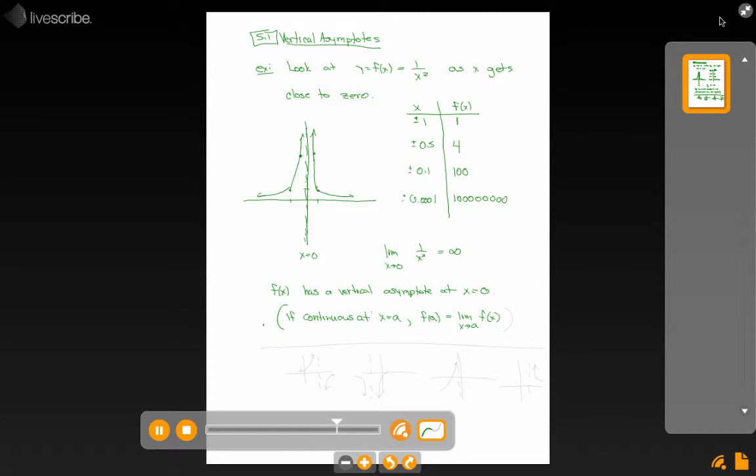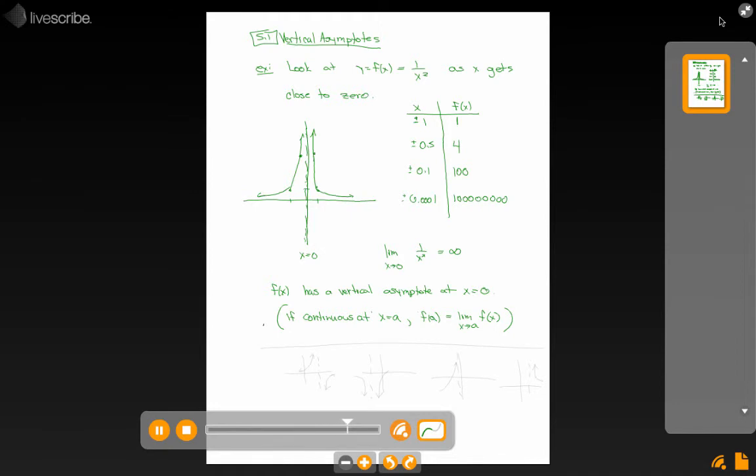So the left side and right side limits have to exist, and they have to equal the function at that point. Well, in this case, the left side and right side limits are both giving me infinity, but I can't say that the value of 1 over 0 squared is infinity, because it isn't.